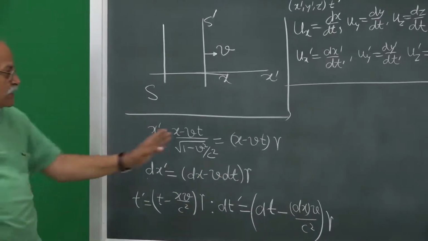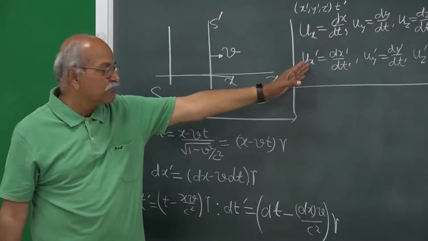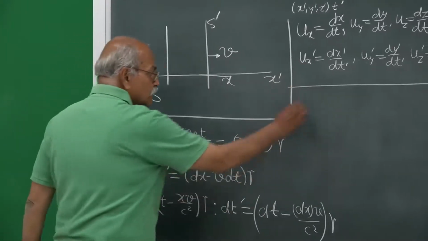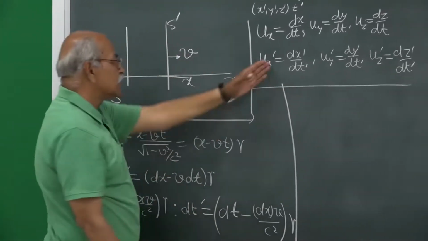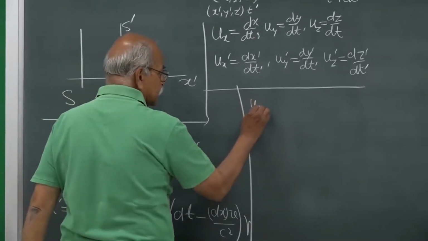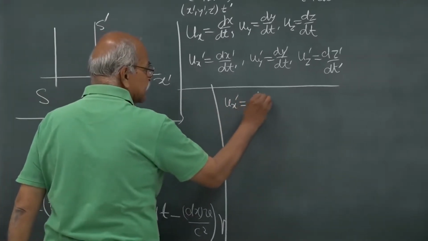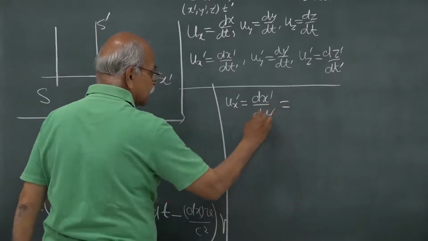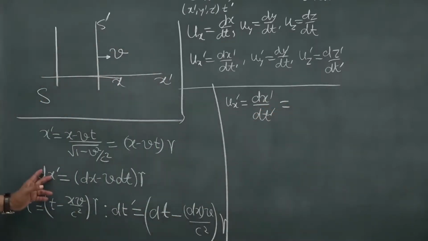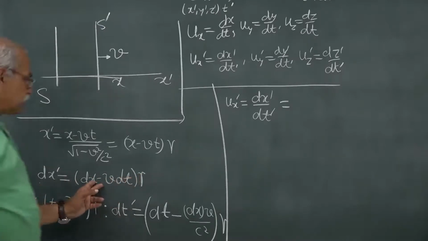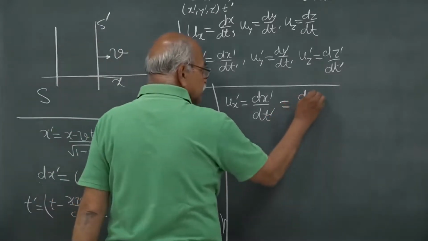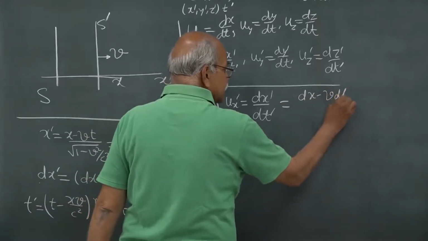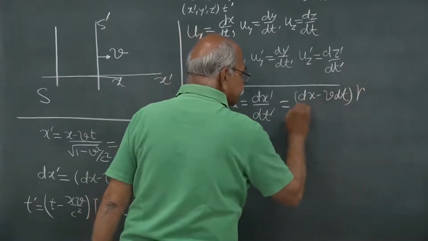Now let us calculate what is this ux prime. So ux prime, which is dx prime by dt prime, is equal to, here is dx prime, dx minus v dt times gamma.